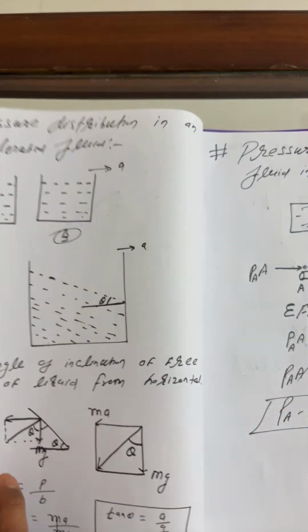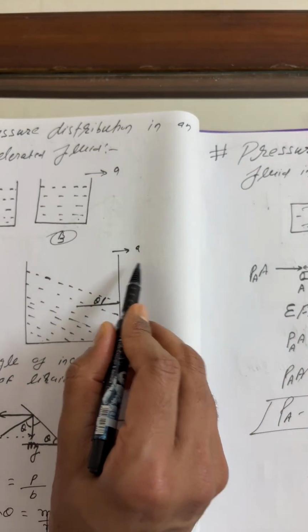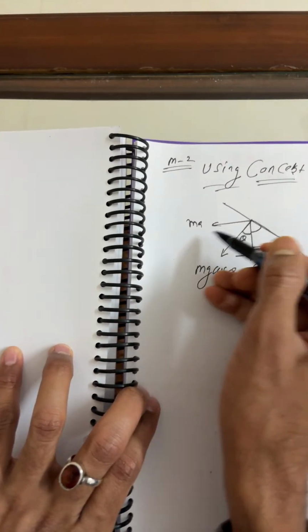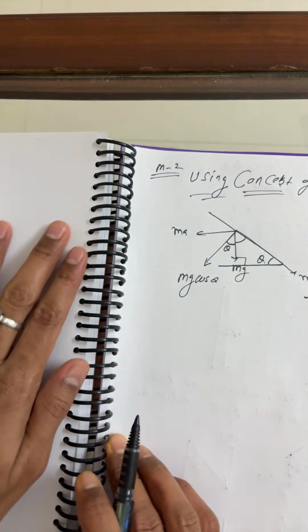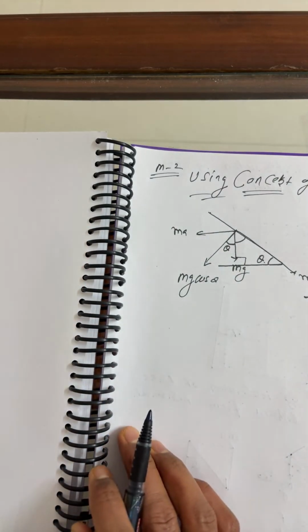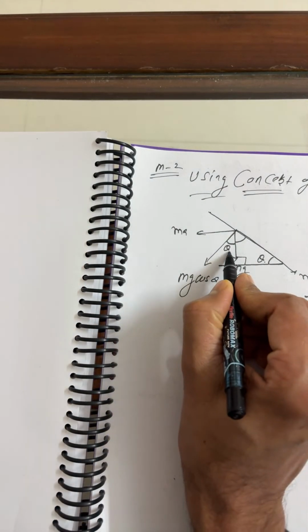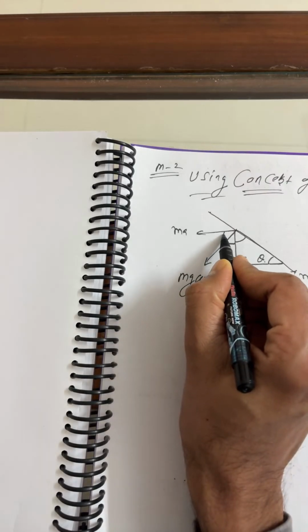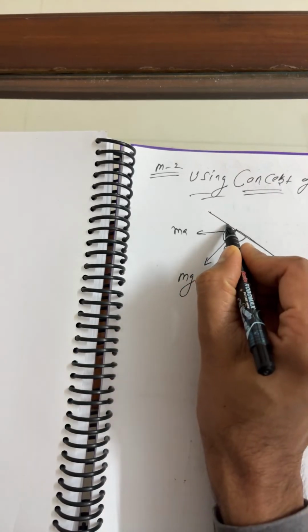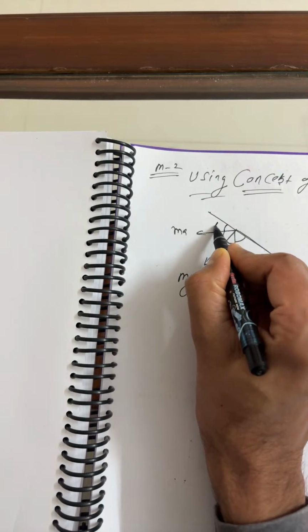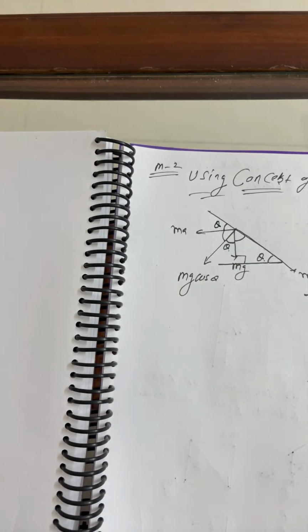Everyone knows the body moves in the horizontal direction, so the pseudo force acts backward, opposite to the actual motion of the body. This is theta, this is 90 minus theta, and this remains theta.